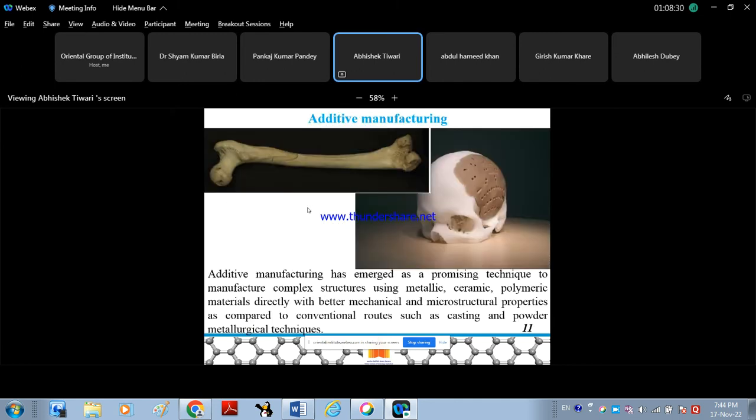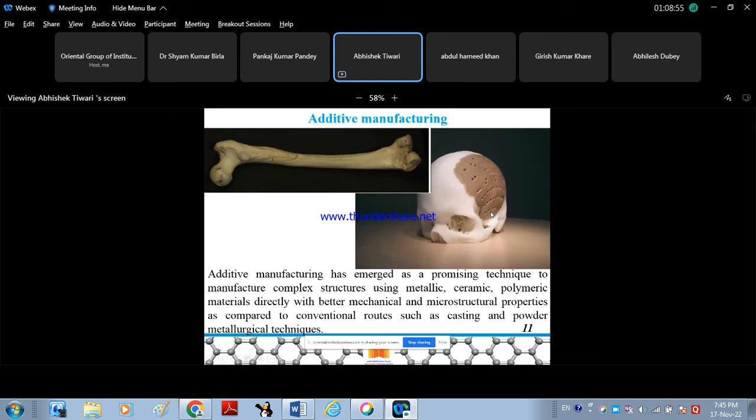Now, as I said before, we can see that this is a skull that has been produced completely by additive manufacturing. Now look at the complexity of the part, and it cannot be made using traditional manufacturing.